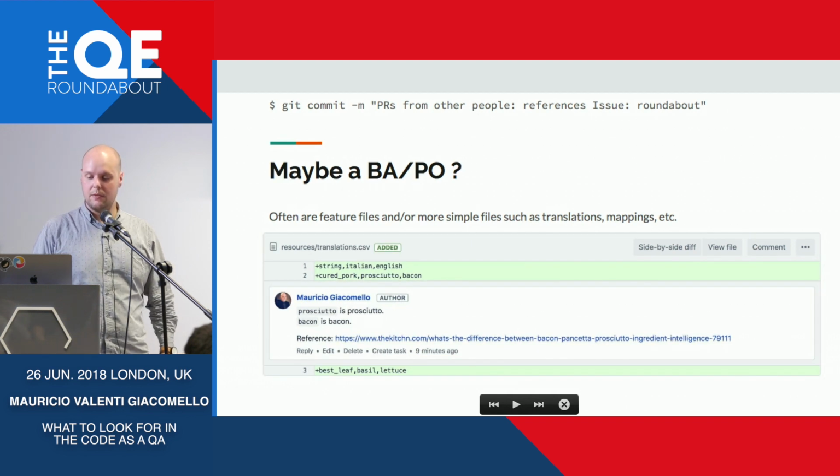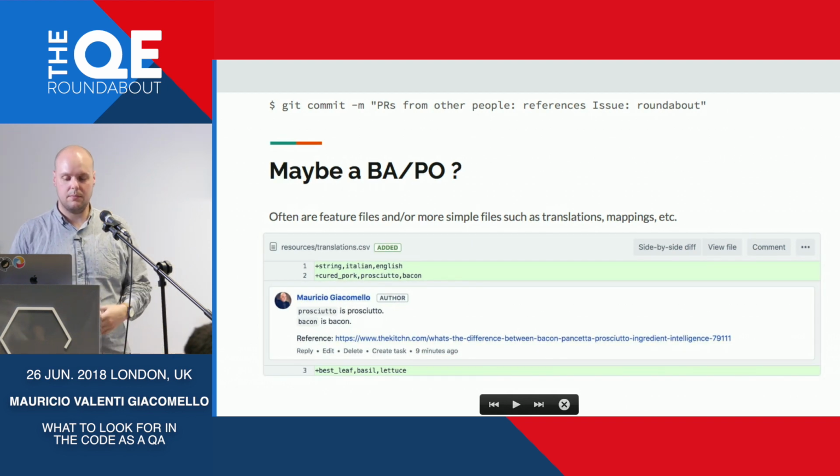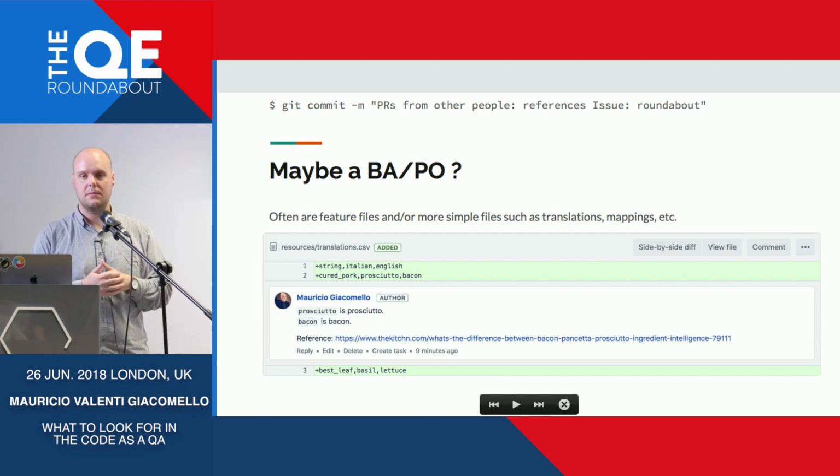Reviewing for POs or BAs, sometimes they are techie enough, technologically advanced enough to do some pull requests and maybe commit some translations or mappings or feature files.